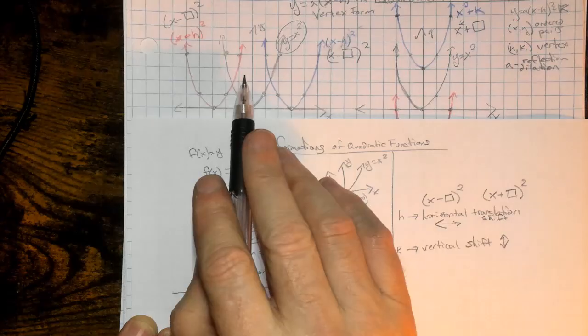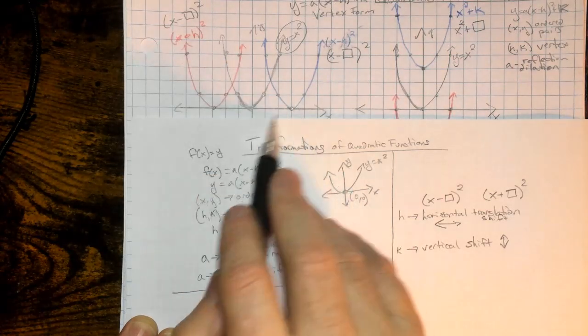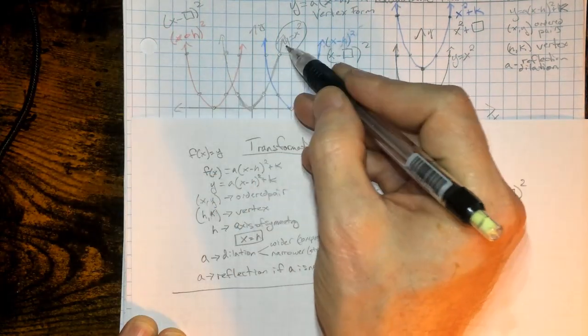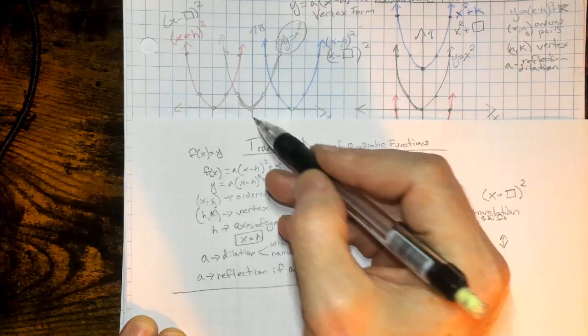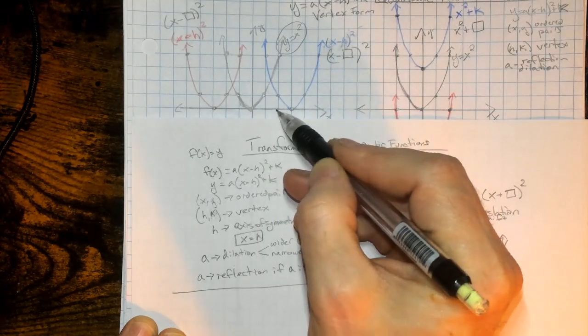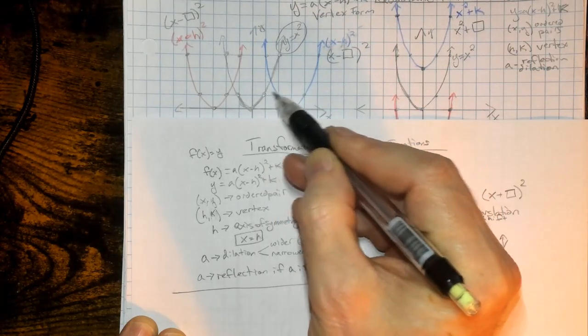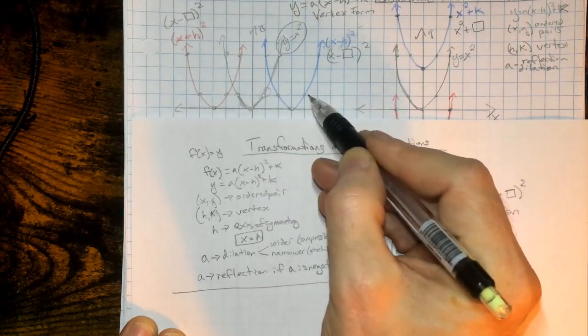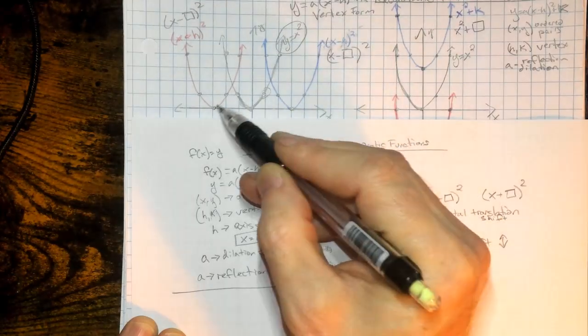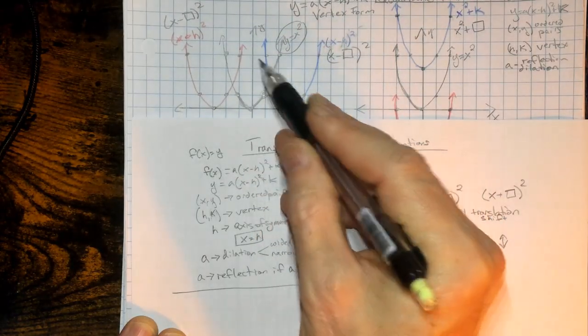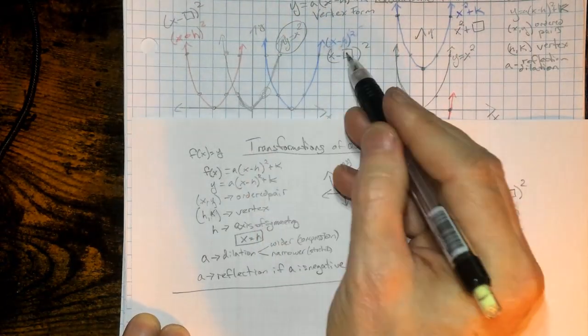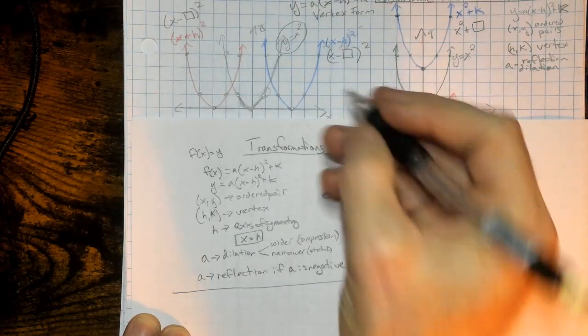They're both in different colors, but why? Well, the parent function is just y equals x squared. This one is to the right 3 units. Each of these units went 3 units to the right, so the whole parabola was shifted 3 units to the right.